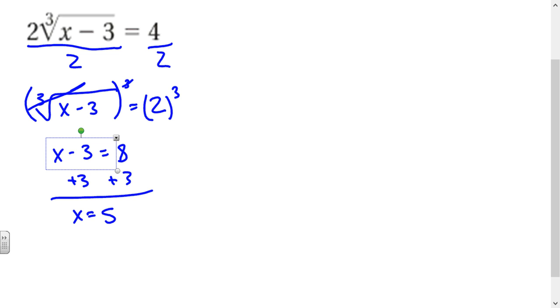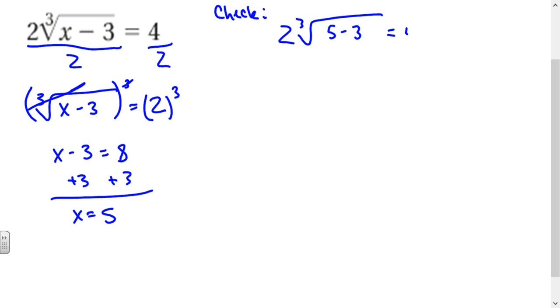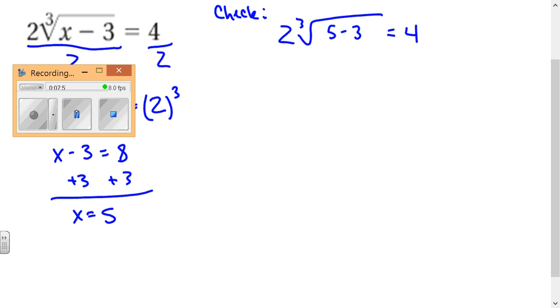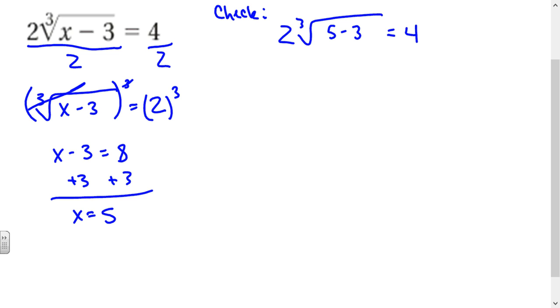And then you always want to check your solution. So if we do a check over here, I'll put check over here for people that are just writing down. We have 5 minus 3 equals 4. So from there, we get, sorry, I just noticed my mistake right there. So I don't know why I thought that 8 plus 3 was 5.